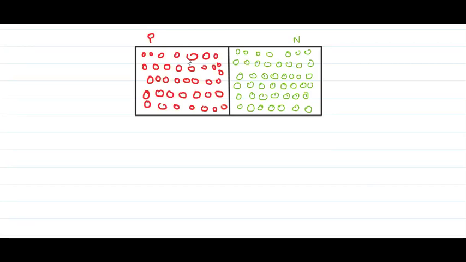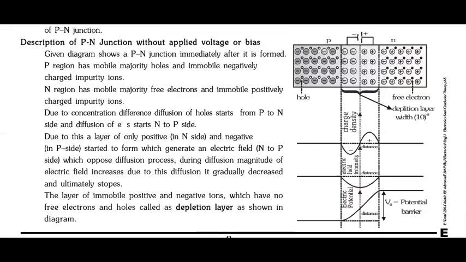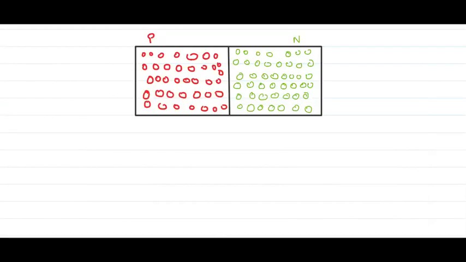Since it is trivalent, it will take one electron. After taking an electron, it becomes negatively charged. So the dopants of p-type are negatively charged.